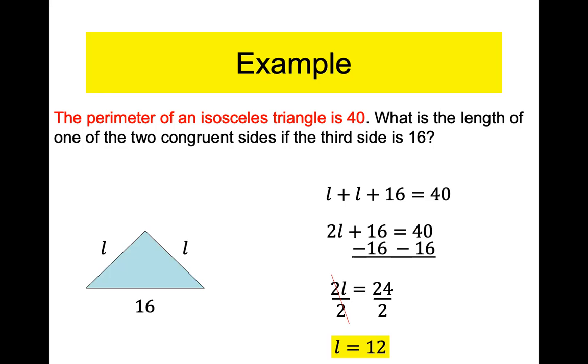Tell me, what are the steps to solve this problem, not the equation? In general, big picture, what were my steps? First, you read it. I read it really carefully.